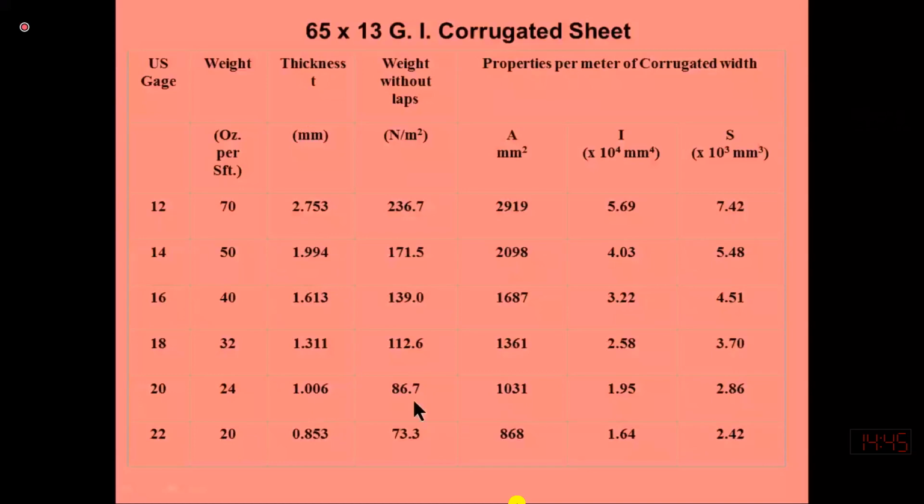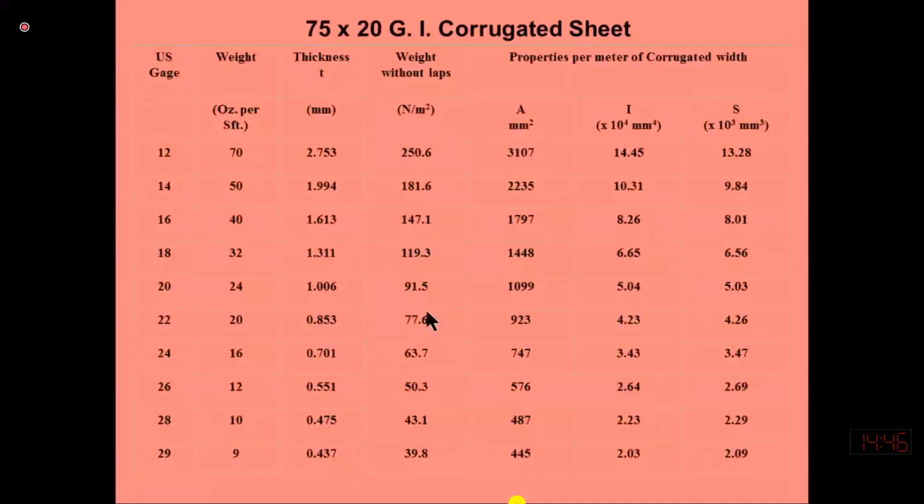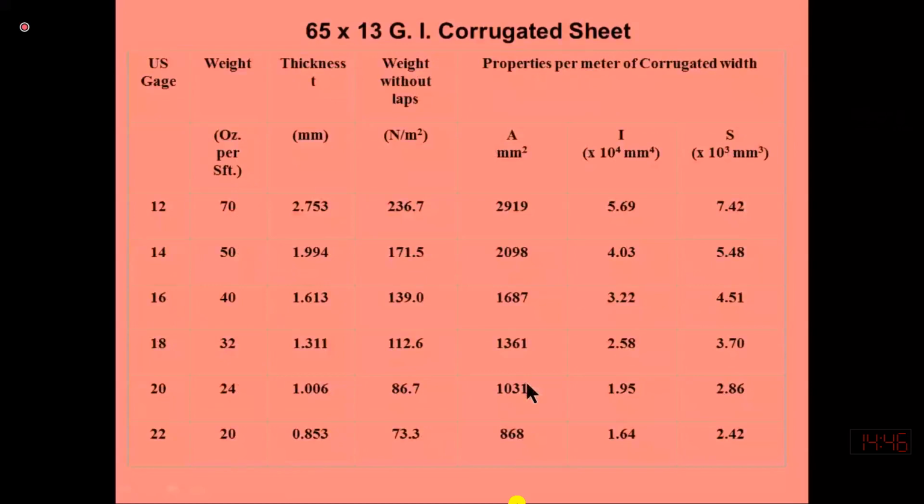So this sheet is lighter as compared to the same gauge sheet of 75 into 20 GI. The cross-section area will be 1031, the moment of inertia will be 1.95 for this sheet and the section modulus will be 2.86.